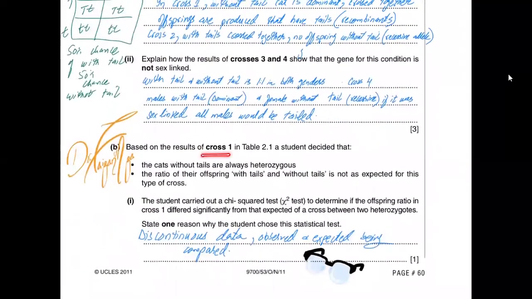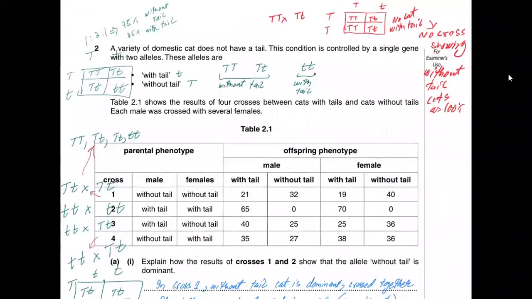Based on the results of cross 1 in table 2.1, a student concludes that cats without tails are always heterozygous. Okay, maybe. The ratio of the offspring with tails to without tails is not as expected for this type of cross. Why? Because if we go back to the first cross, if one of them was dominant and the other was a carrier of the recessive trait, all 100% of offspring should have the capital T allele, which means without tail.